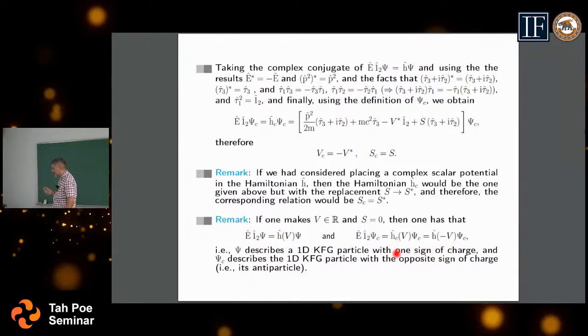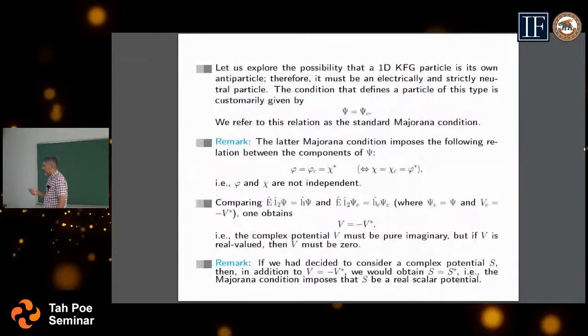So CC satisfies the equation with minus V, and C satisfies the equation with V. So C describes a particle with one sign of charge, but CC describes the opposite sign of charge. So it's an antiparticle. So this equation describes a particle, this equation describes the antiparticle. That's not more complicated to understand.